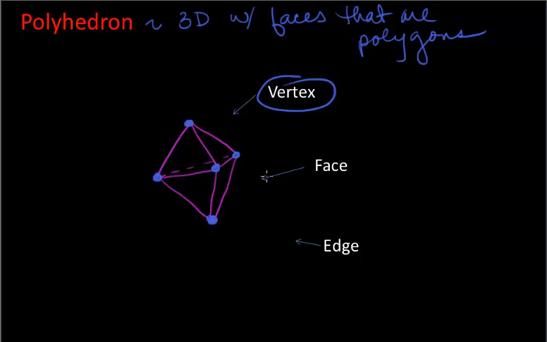The faces are the polygonal faces, and the edges are the lines joining the vertices. And we're going to learn a remarkable relationship between the vertices, faces, and edges of any 3D figure like this.